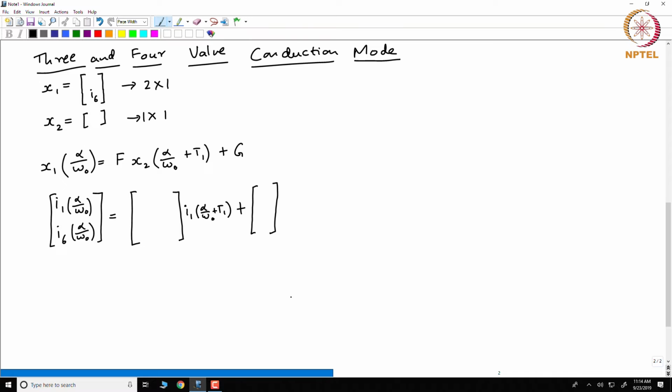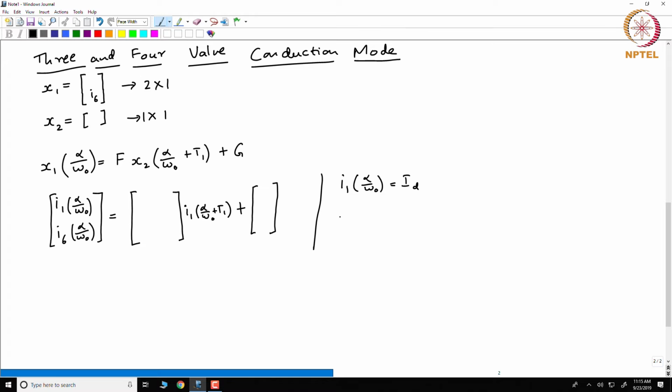In 3 and 4 valve conduction mode, what is I1? It is ID. So then can you tell me what should be the first element of F? What should be the first element of G? See, what I am trying to say is I1 at alpha by omega O is a known quantity, that is equal to ID.